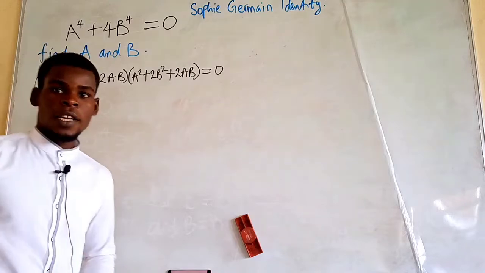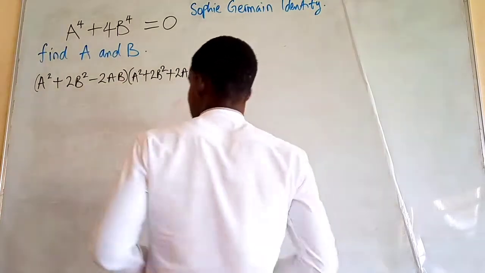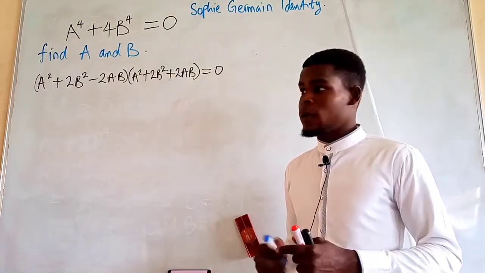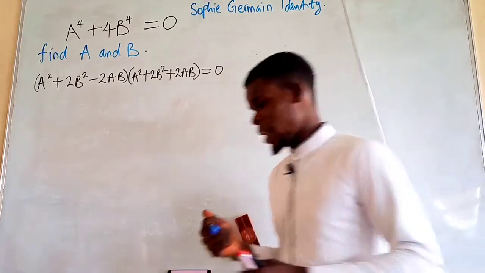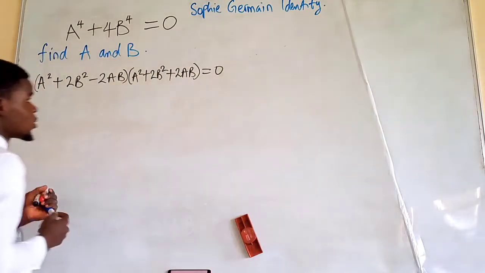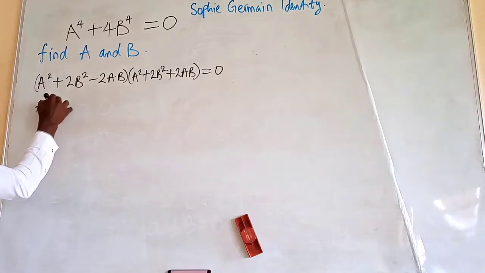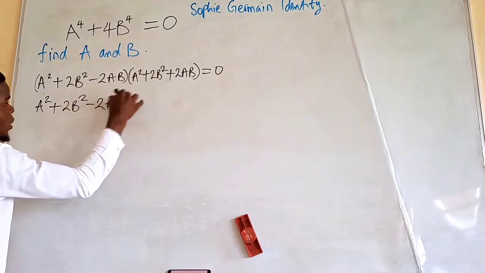Okay, so here we have that the product of two expressions is giving us 0. It means that one of the expressions could be 0 or the other could be 0. So that would lead us to having two equations, and luckily enough, they are just two unknowns, so it is very good like that, alright? So we just go ahead and equate one of them to 0 and equate the other to 0 as well.